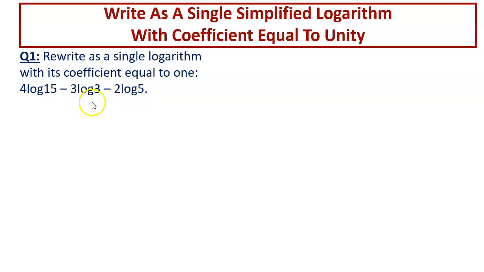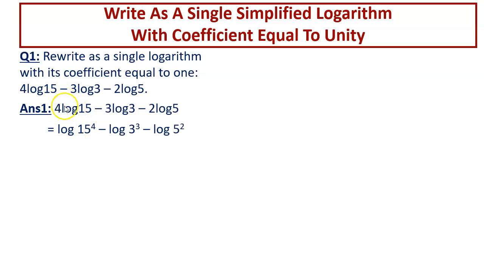So we have to have a single log term in place of 3 log terms, with a coefficient of 1, and we have to give the answer in the simplified log term. Okay? So let us start with the answer.